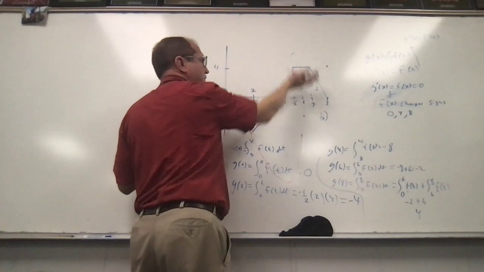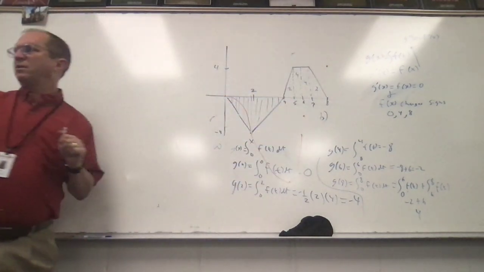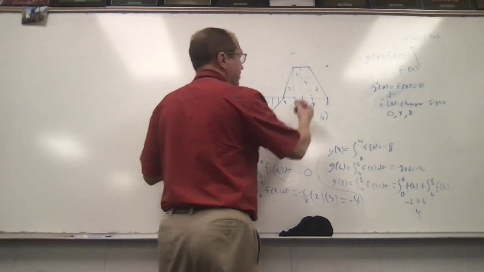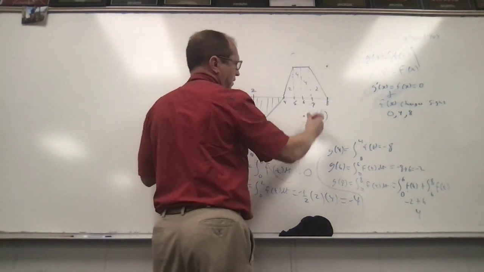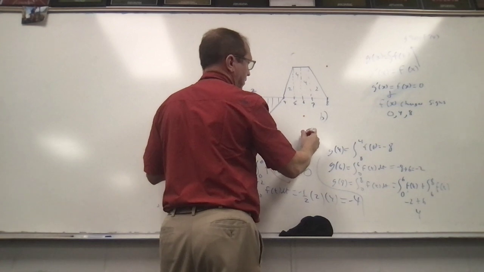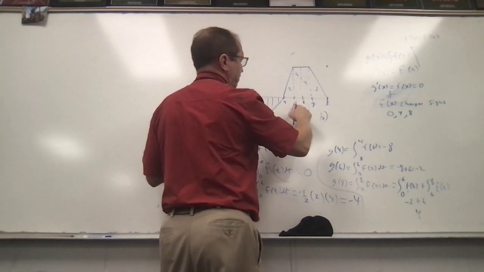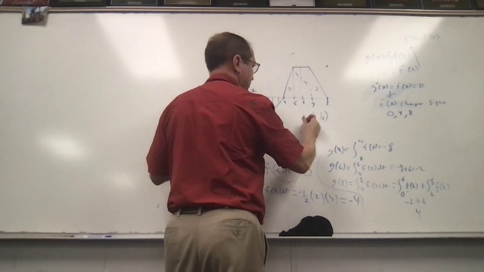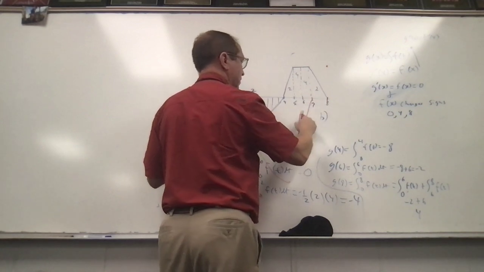Now, g is increasing because it's got a positive f value. But there's not a concavity here, so from 5 to 7, we're going to have to pass through with a straight line.